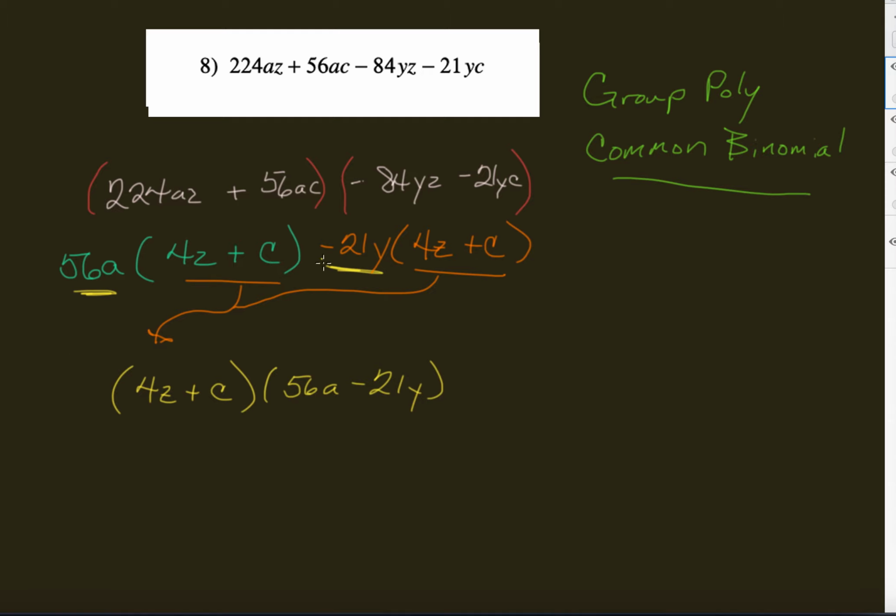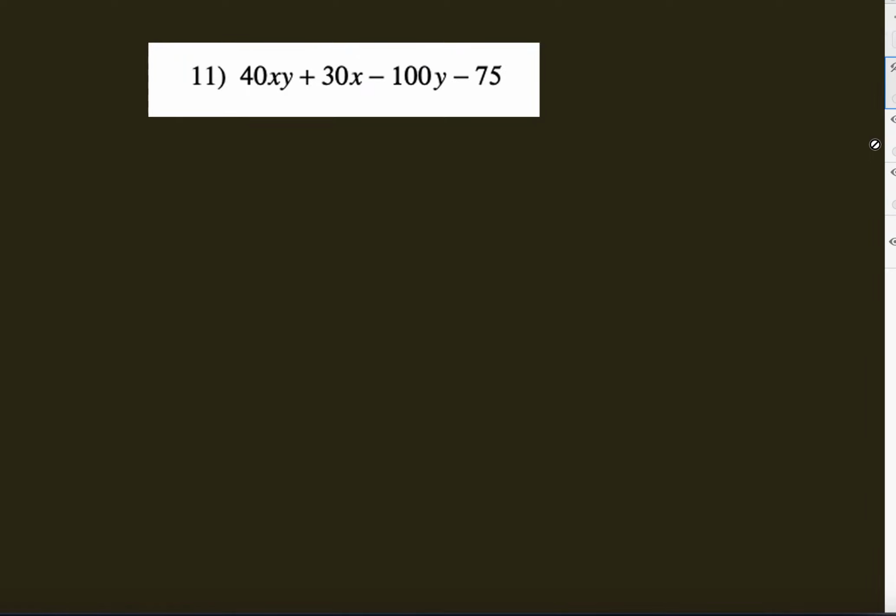I'm going to do one more just to make your lives a little bit easier. So let me get rid of that. Jump to this guy. Here's another one. They don't have an x or a y in common. They are divisible by 5. I don't know why we did this, but let's go ahead and factor by grouping.